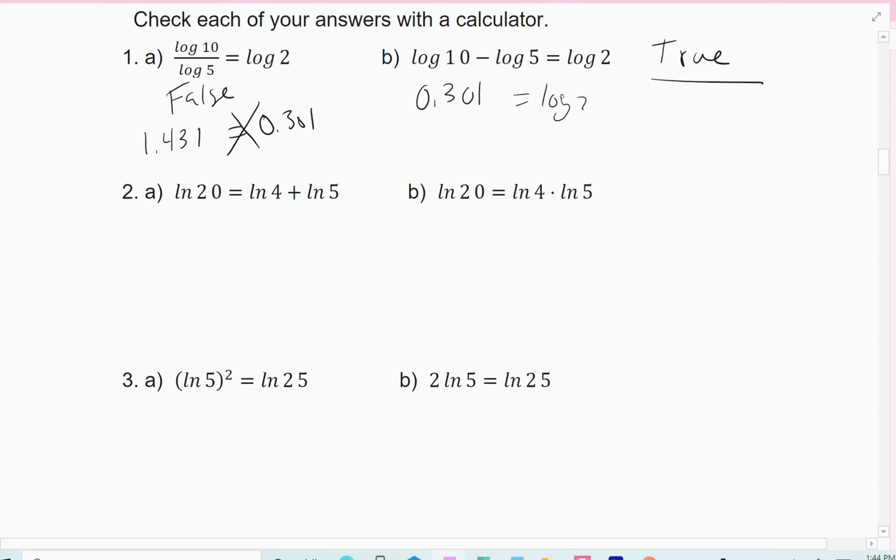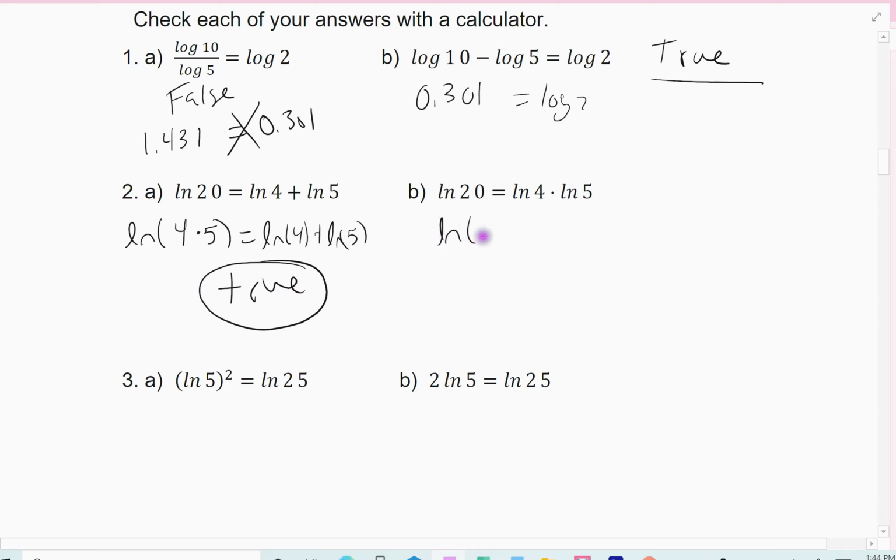The next example: natural log of 20 is equal to the natural log of 4 plus the natural log of 5. That's true. Natural log of 20, well, 20 can be rewritten as 4 times 5, which then you use your property: natural log of 4 plus natural log of 5. If you type both of those in, it'll come out the exact same value. A common mistake students will make is the following.